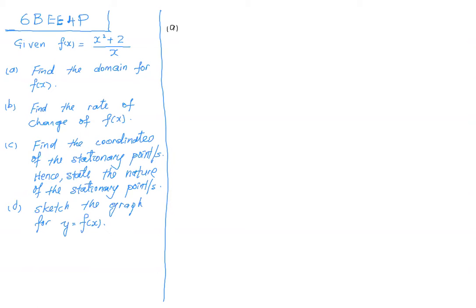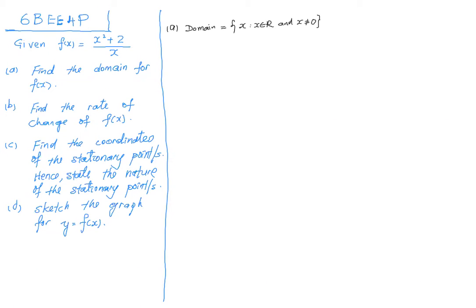Can you give me the answer for part A? X is not 0. Yeah, so we have to say the domain. We try to write it properly. Domain: X is a member of real numbers and X is not equal to 0.